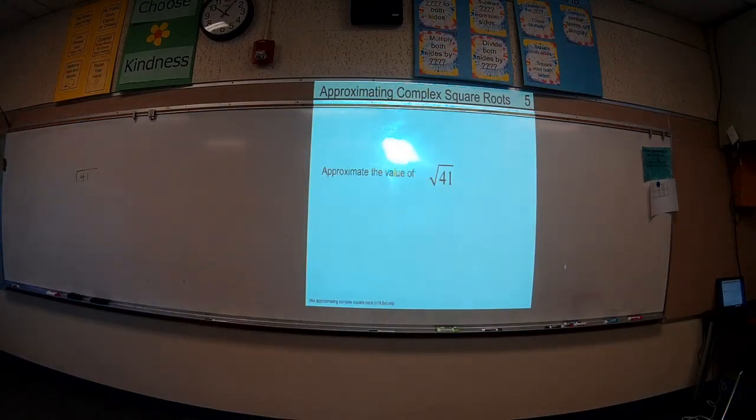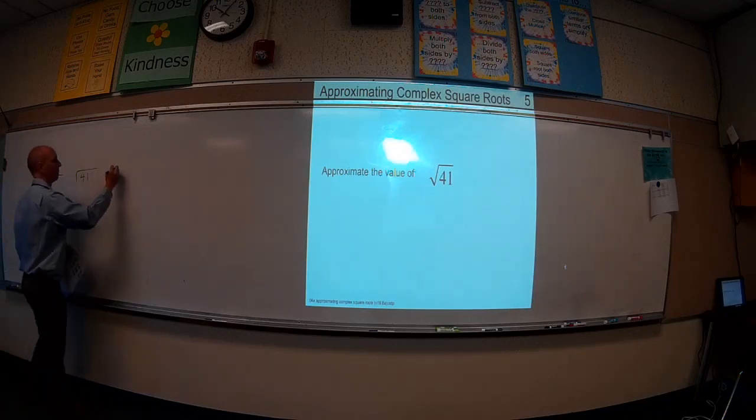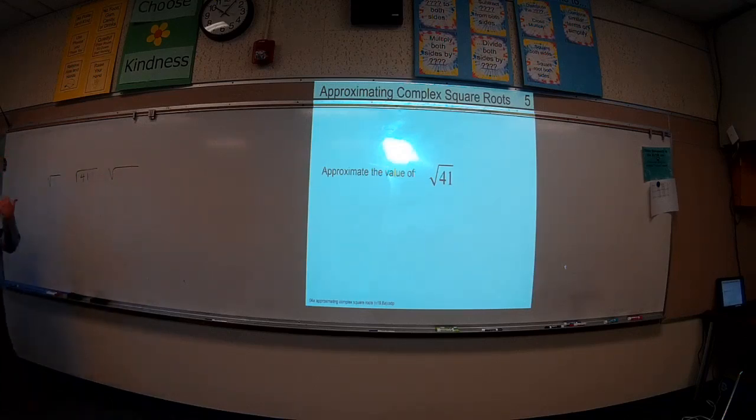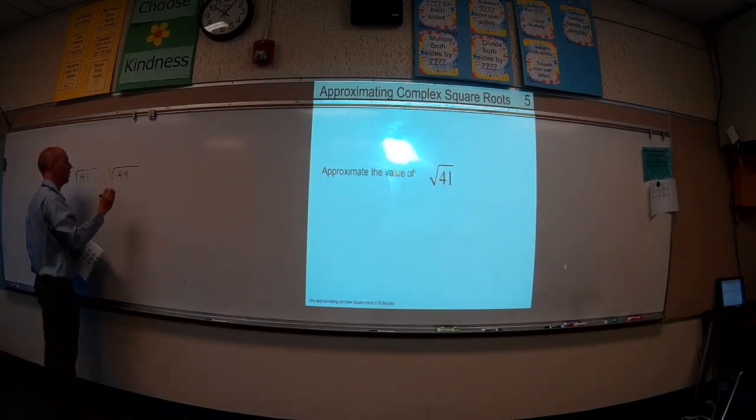How would you do this kind of thing? I use the neighbors. Okay, we're going to find the neighbors to the square root of 41. Raising a hand, who knows one of the neighbors? Griffin. 36. 36 is a neighbor. You know the other neighbor, Shane? 49. Beautiful.